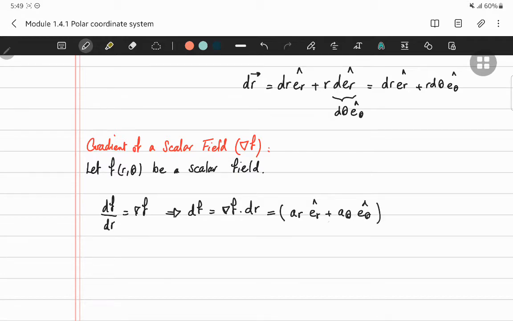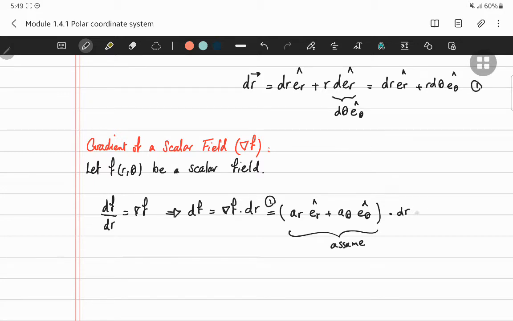And here we only have er and e theta. We are working in 2 dimensions. So we just make an assumption here. We don't know whether they exist or not. We're going to find them. And then we have dot dr. And what is dr?